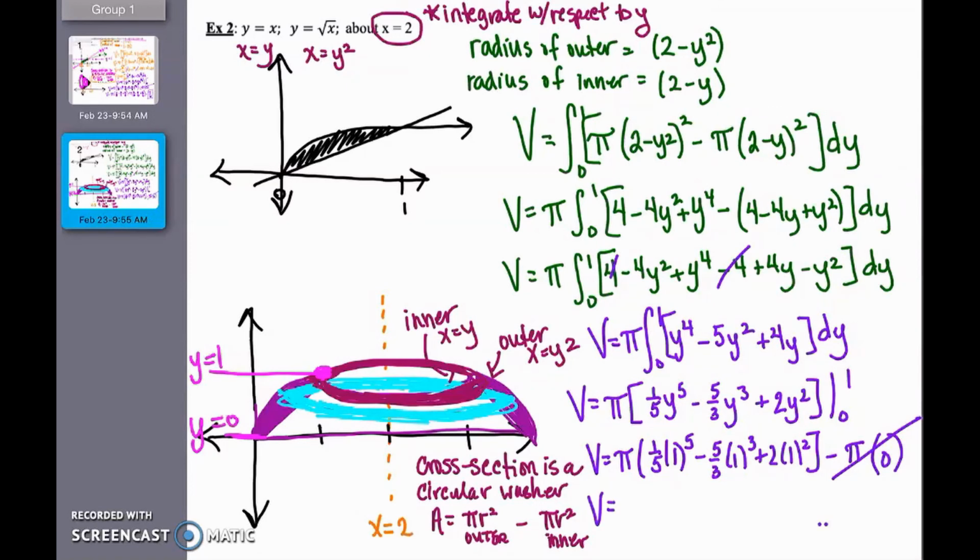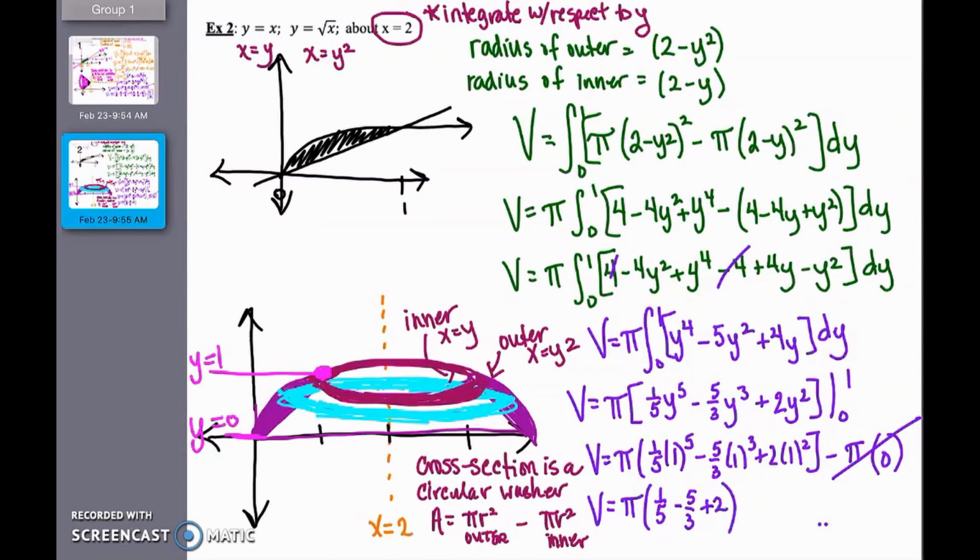So volume is equal to pi times 1 to the fifth is 1, times 1/5 is 1/5. 1 cubed is 1, times negative 5/3 is negative 5/3, and 1 squared is 1, times 2 is 2.